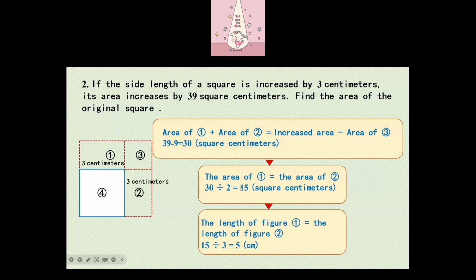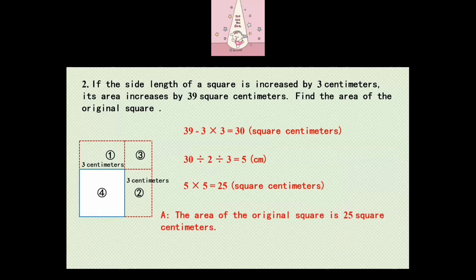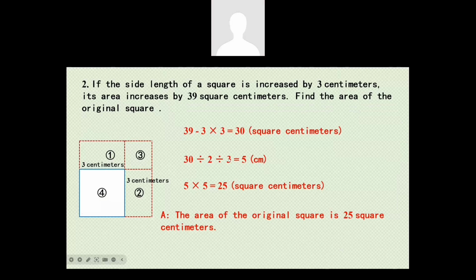Then 6 times the original side equals 30, so the original side equals 5. Original area equals 5 times 5 equals 25 square centimeters.